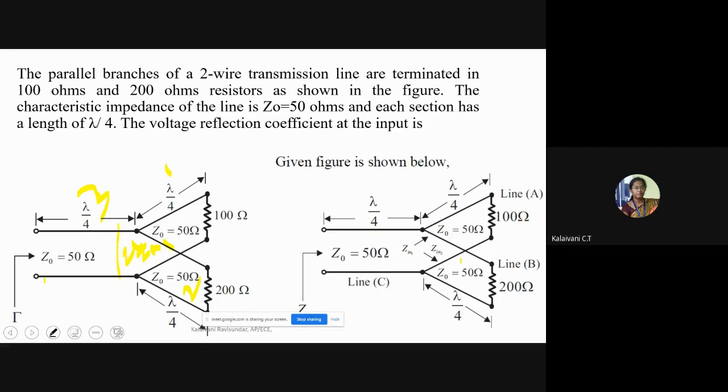So first, how to get the impedance of this Z in 1? To get Z in 1, remember this is the quarter wave line. As we previously saw for a quarter wave line, the Z in formula will be equal to Z0 square divided by ZL.